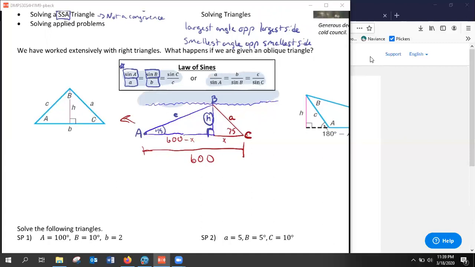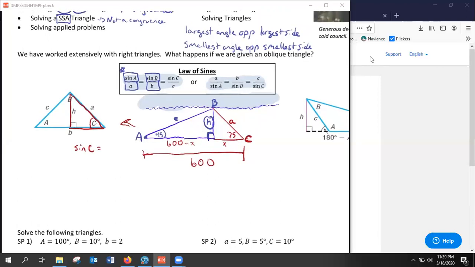So I'm going to work with this triangle. Let's make this one the red triangle. If I'm working with angle C here, I can say the sine of angle C is equivalent to its opposite, the height of this triangle, over the hypotenuse of this red triangle, which is a.